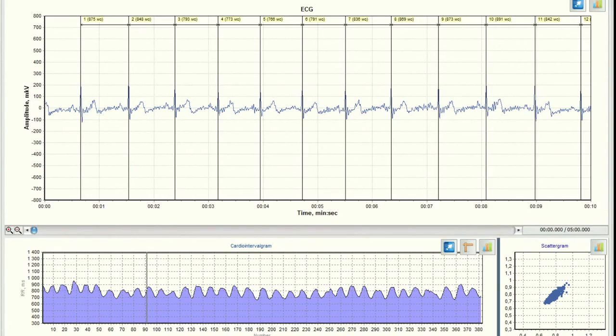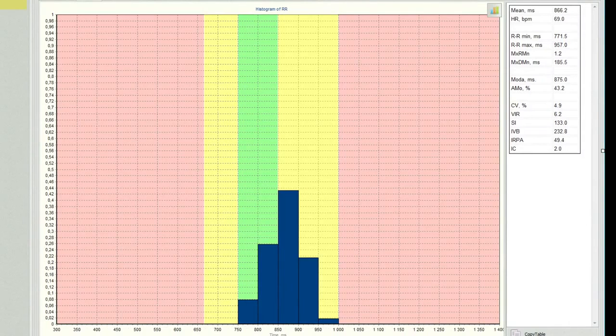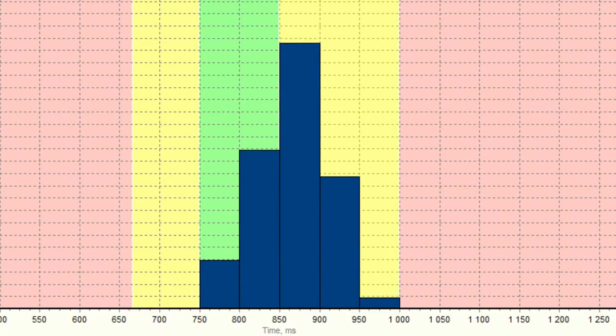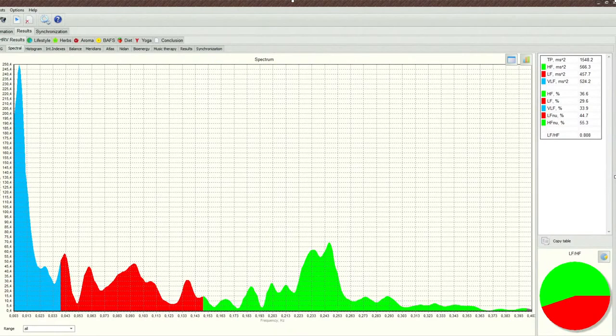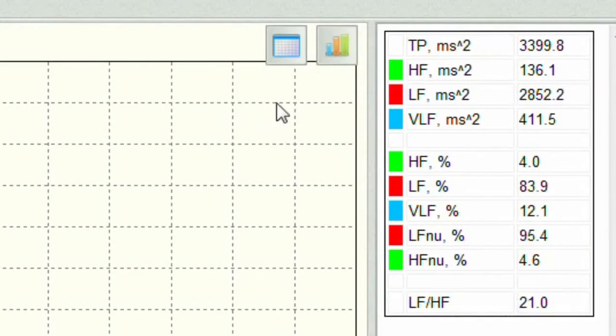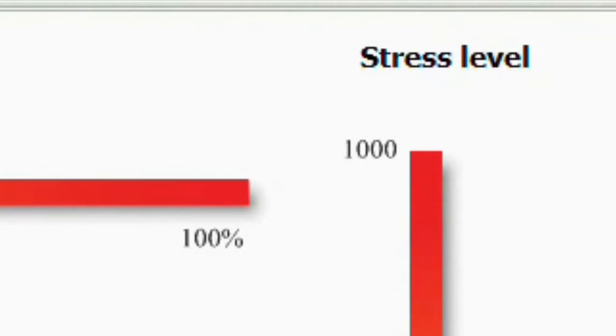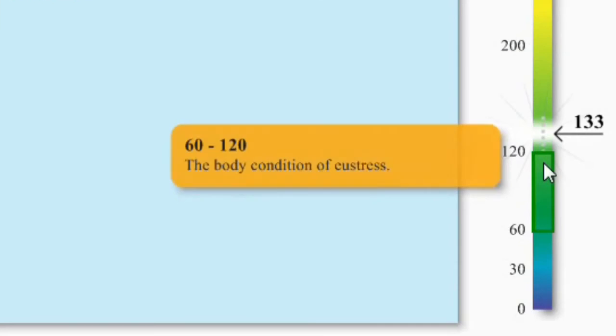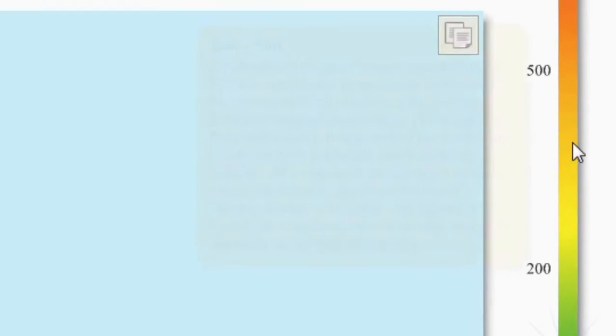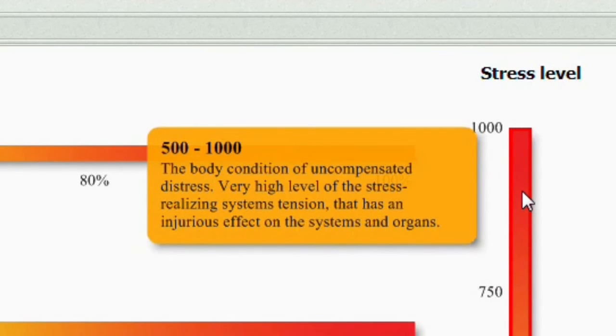VedaPulse has indices that show the features of the Western academic approach in the analysis of heart rate variability. These modules allow us to evaluate the body's adaptation level, or in other words, stamina. We can also estimate the client's stress level. You can see the green normal range, zones of compensated and uncompensated distress, and of course the critical red zones.